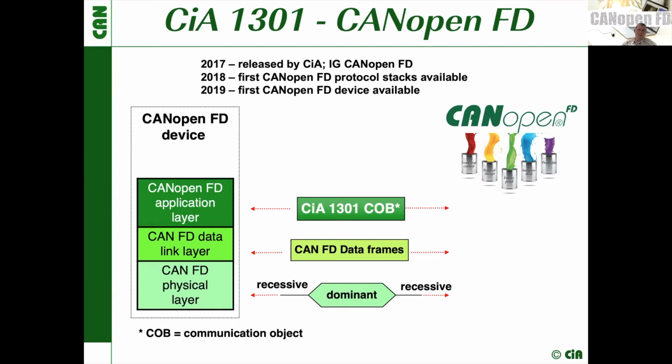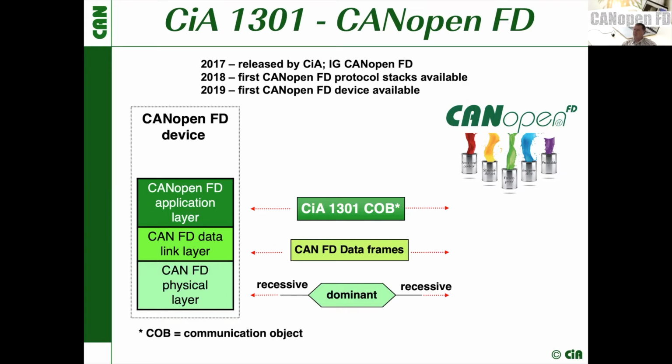It was released in 2017 by CAN in Automation. It was developed within the interest group CANopen FD. And rather soon, we saw first CANopen FD protocol stacks that were also shown on the fairground and embedded at the SPS in Nuremberg. And furthermore, we saw first devices in 2018, 2019, or at least some prototypes, up to some gateway applications that allow transiting from CANopen to CANopen FD.